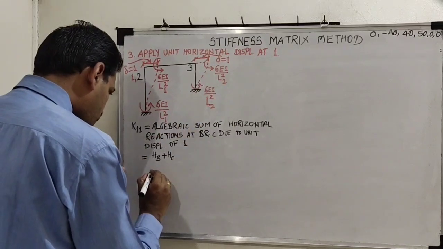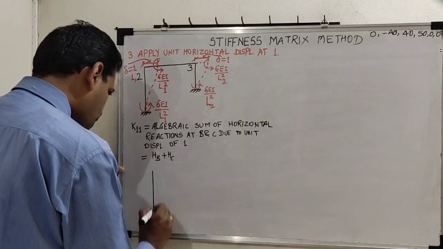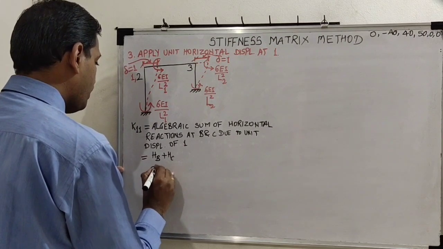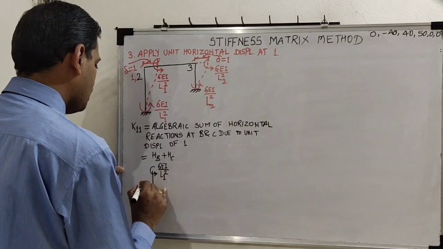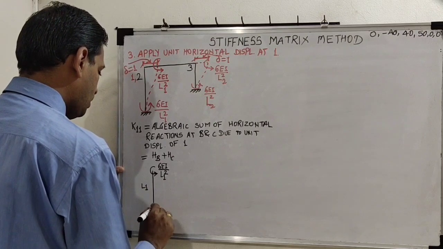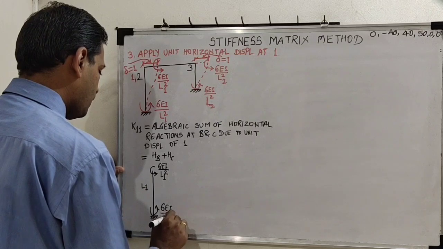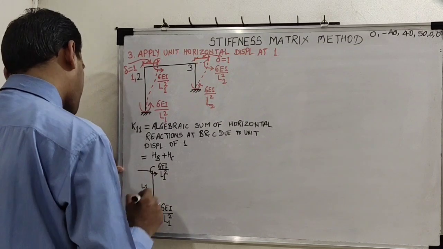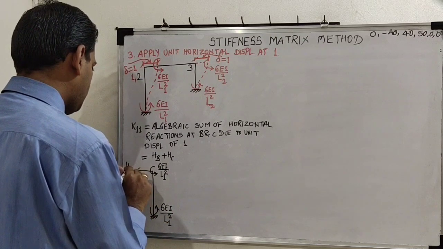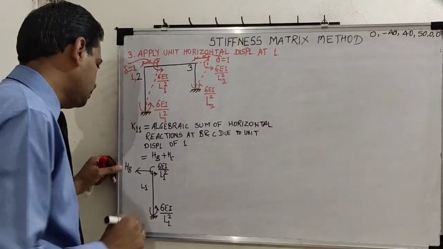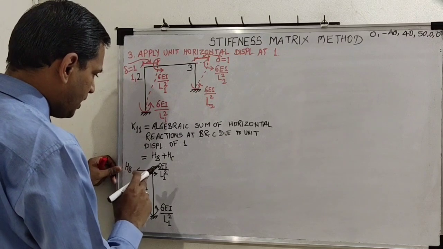Take free body diagram of column AB first. Show the moments due to sway, 6EI, delta is 1, upon L1 square. This is height L1. Here is also the same 6EI upon L1 square, and find out HB. I will assume the direction of HB towards right.